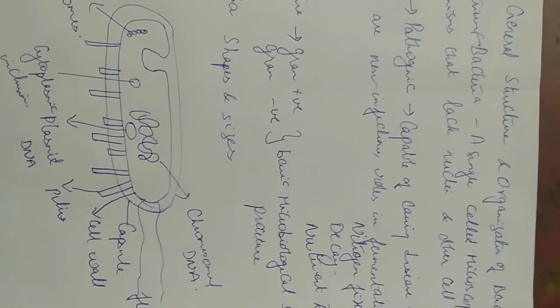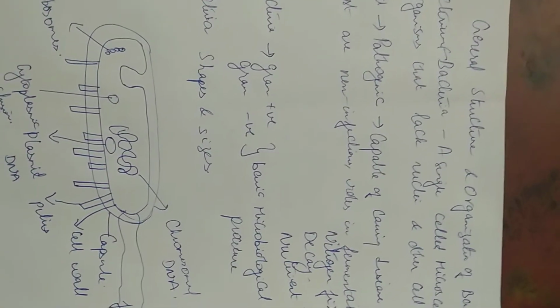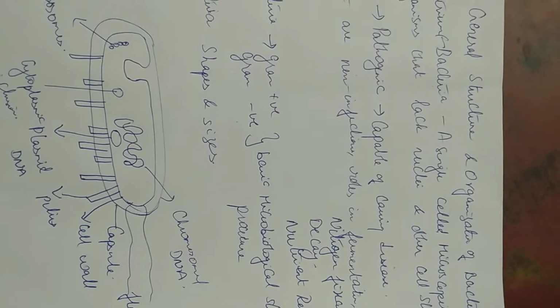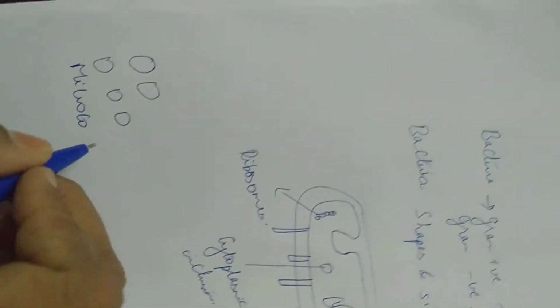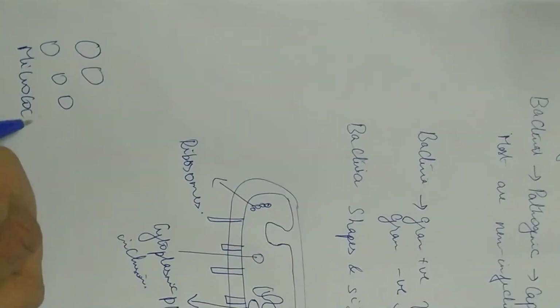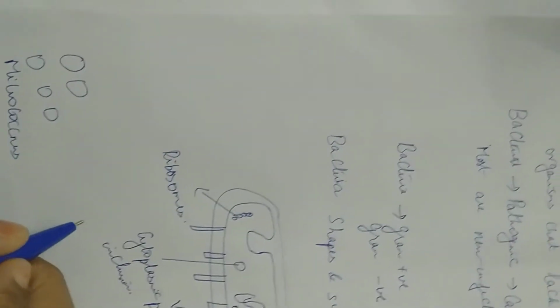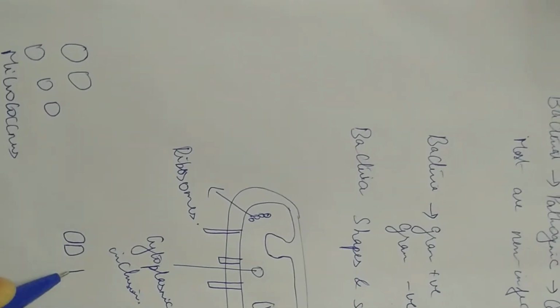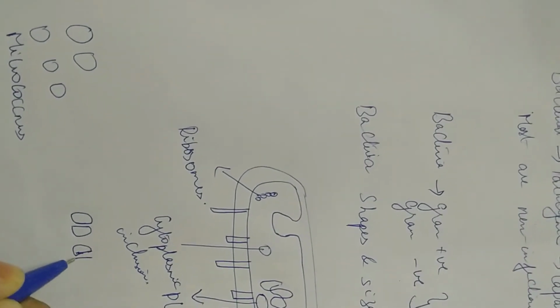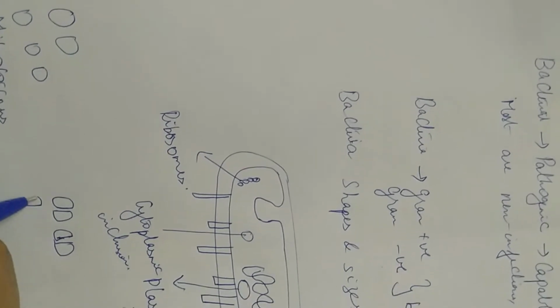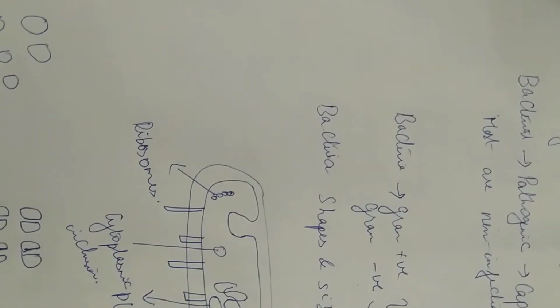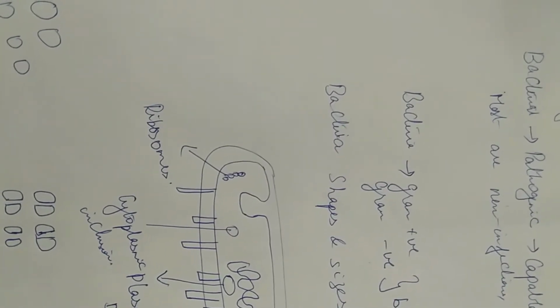And there are various shapes of bacteria. One shape is like this. These are called micrococci. And there is one other shape like this. These shapes are called diplococcus.